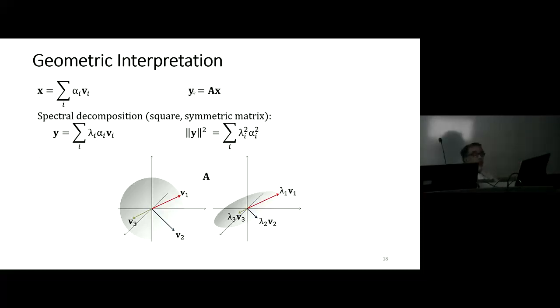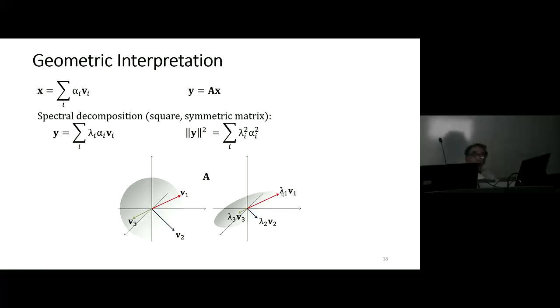That would make x equal v1 and y equal alpha 1 v1, which gives you lambda 1 v1. And since lambda 1 is the largest eigenvalue, we get the maximum stretching. This is v1, x equals v1, then y equals lambda 1 v1. It's stretched by this amount, lambda 1.